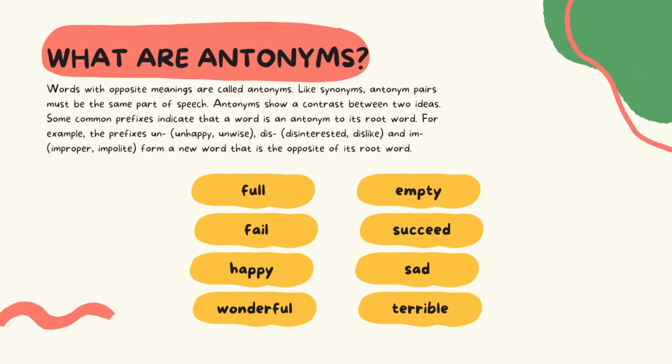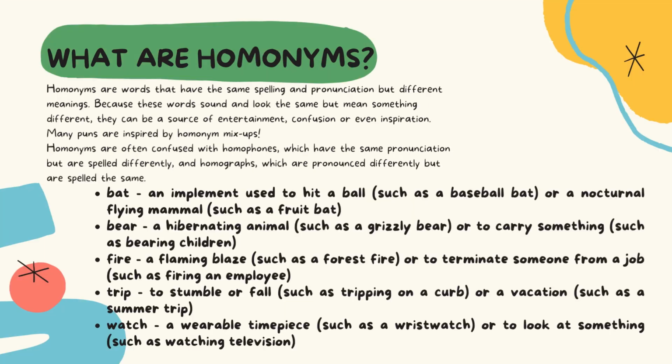Now let's go with the next part, which is homonyms. In this case, we're gonna learn what a homonym is. So homonyms are words that have the same spelling and pronunciation, but different meanings.